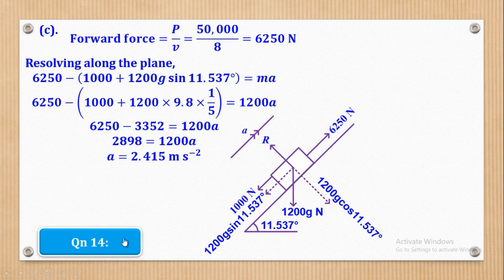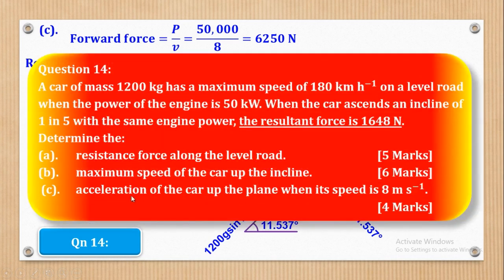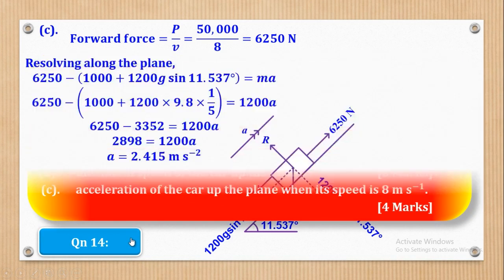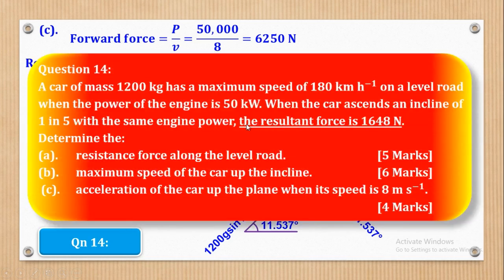I think that's what they wanted, the acceleration of the car up the plane. I think we have realized why I underlined this part. I underlined it because it was not used anywhere. So whether this part was there or not, the solutions would have come out.